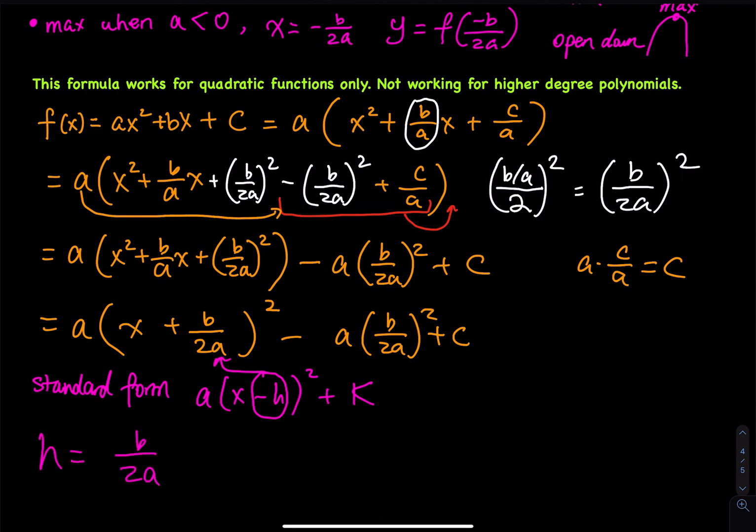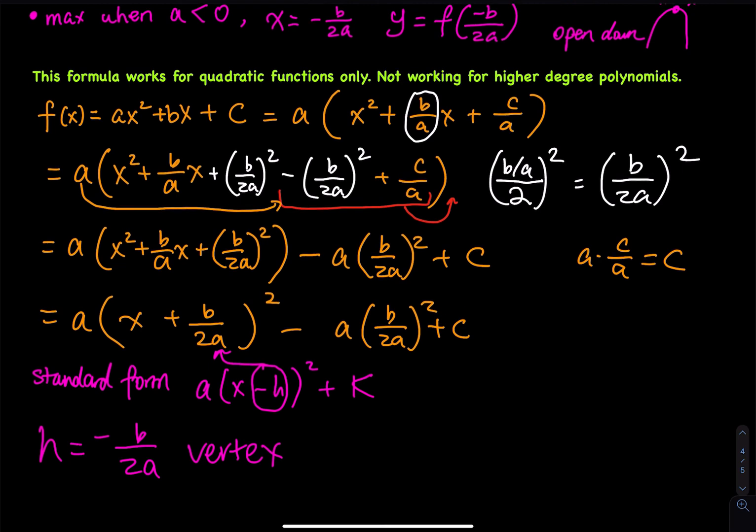The answer is no. h is not b divided by 2a. It is negative b divided by 2a. And then the rest is just k, right? But don't worry about what k is. As long as we get the h, we are able to find k. So the vertex has h equal to negative b divided by 2a. That means when x is equal to this quantity, just plug it in and then you will be able to find k.